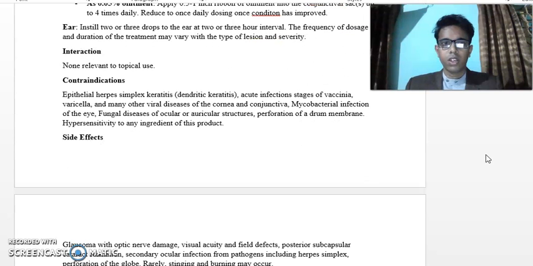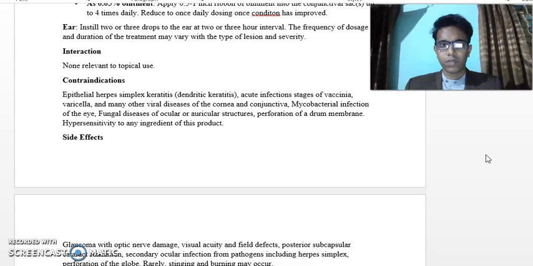Interaction: non-relevant to topical use. Contraindications: epithelial herpes simplex keratitis, acute infectious stages of vaccinia, varicella, and many other viral diseases of the cornea and conjunctiva.